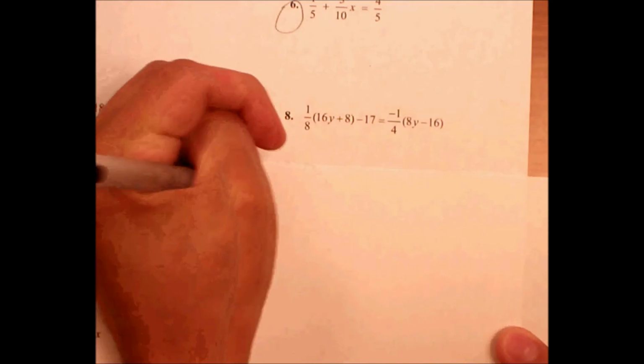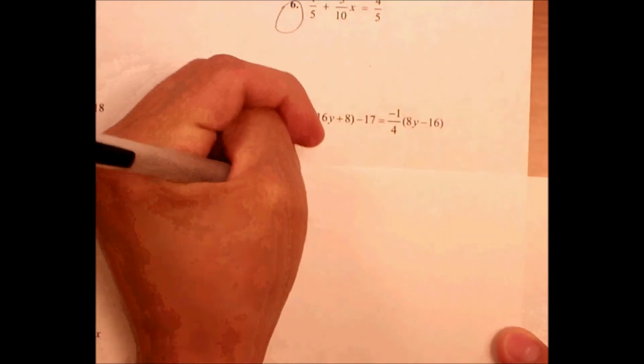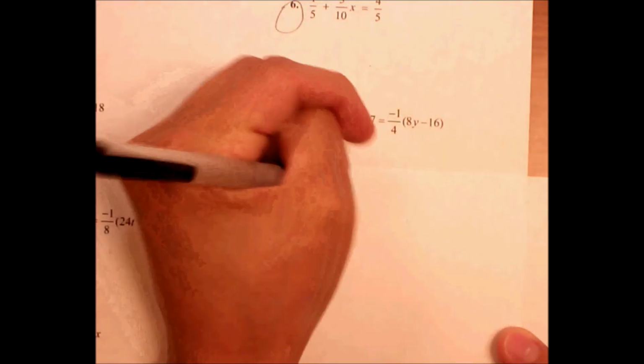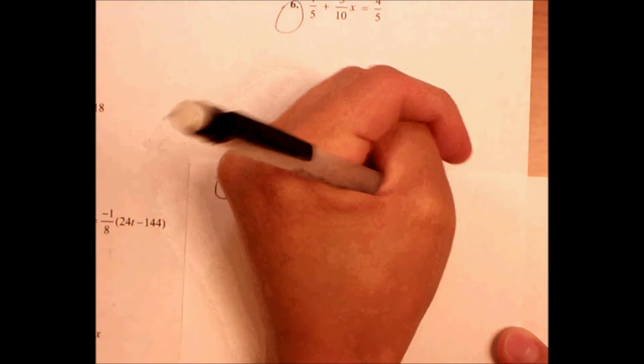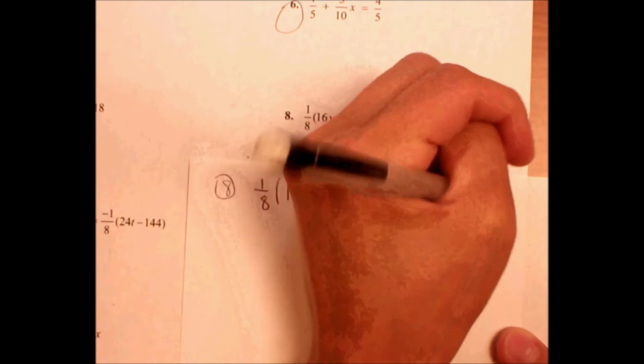Okay, number 8, I'm going to rewrite the problem. We have 1/8 times (16y plus 8) minus 17 equals negative 1/4 times (8y minus 16).